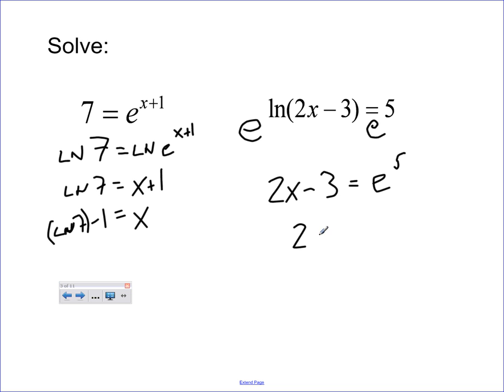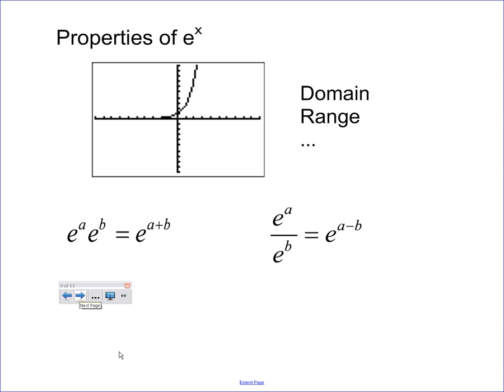For right now, we'll leave it as e to the 5th plus 3, and then x is e to the 5th plus 3, all divided by 2. If we wanted a decimal number, we could turn it into one. So we can use the fact of inverses to solve some equations.